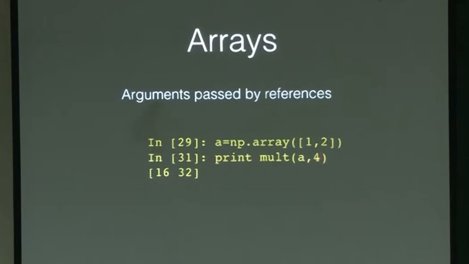It gives you 4 comma 8. But what is the value of A after this? It is actually 4 comma 8. The array has been modified, unlike the last example where x was unchanged.